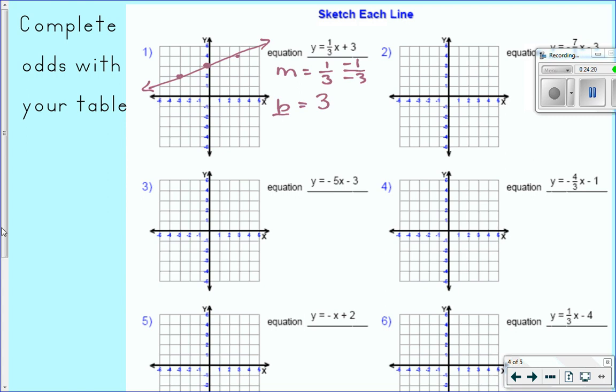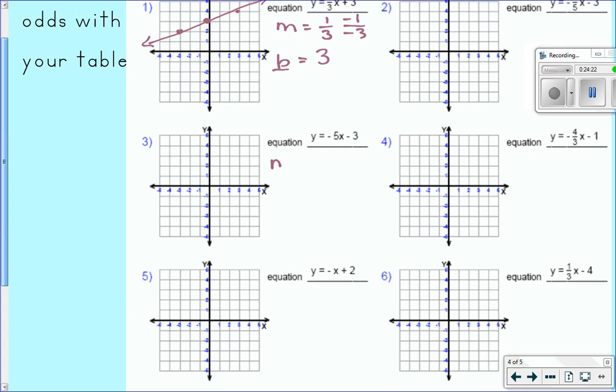Okay. Number 3. Our slope is -5 over 1, and you're more than welcome to put 5 over -1, either one. They both mean -5, right? Our y-intercept is -3, so we're going to begin with -3. Can we go down 5? No. So we're going to go up 1, 2, 3, 4, 5, and back 1, right?